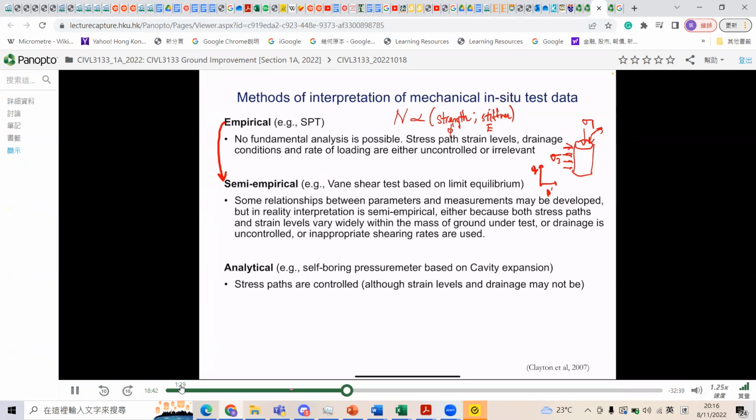So we can actually solidify some relationships between measurements in the field and parameters with clear physical meaning. But the story is nevertheless not complete, so that's why we call it semi-empirical. There are still elements of the procedures that we don't understand. An example is the vane shear test, right? I showed you a cruciform earlier.